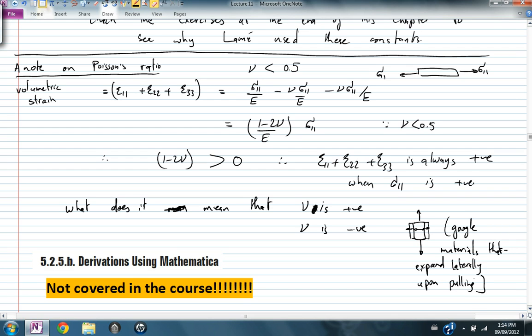You will find very neat materials that are made out of very special polymers, such that as you pull the material, it has a negative Poisson's ratio, which means as you pull the material, it expands laterally. Now, remember that for any linear elastic material, you are still expecting the material to increase in volume as you pull in a certain direction. So the material always increases in volume.